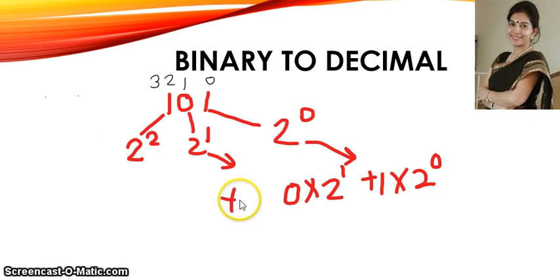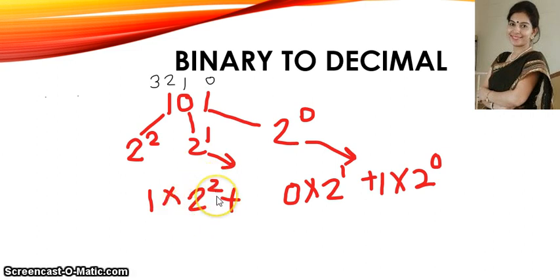Then for the third place, it is 1 and the place value is 2 raised to the power 2. So you will write 2 raised to the power 2 multiplied with 1.